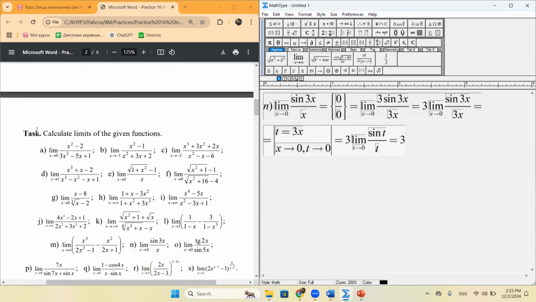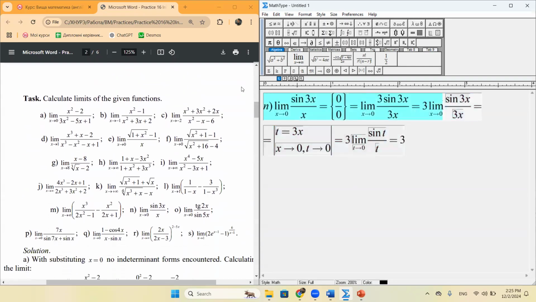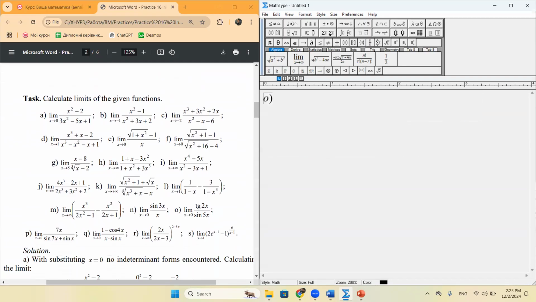So moving next to this exercise O. So basically doing almost the same things. Tangent of 2x divided by sine of 5x.